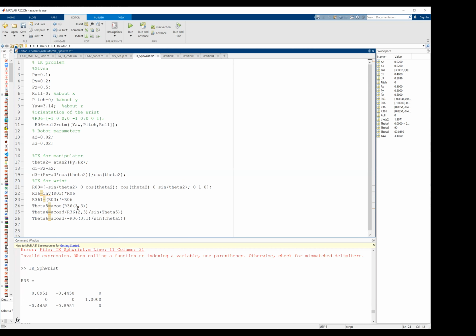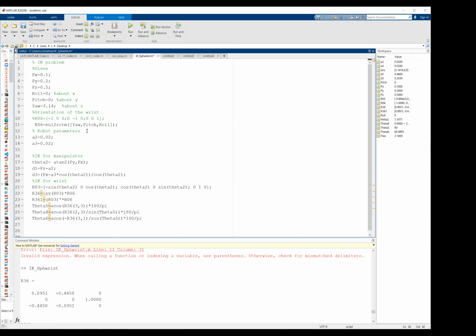Or what you can do, as someone said, is multiply this by 180 divided by pi, multiply this by 180 divided by pi, and multiply this by 180 divided by pi.